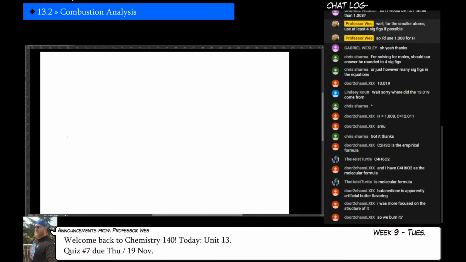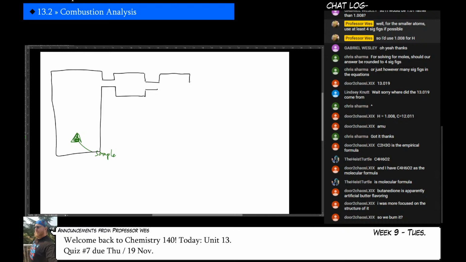So here's our sample. Our sample is going to be green for no reason other than that's the color I've selected. What you're going to do is you're going to take your sample. We're going to put it in this bin that is connected to a series of filters. And then out here is exhaust.